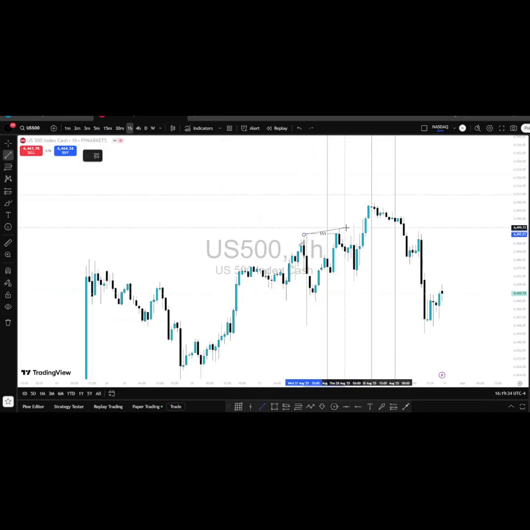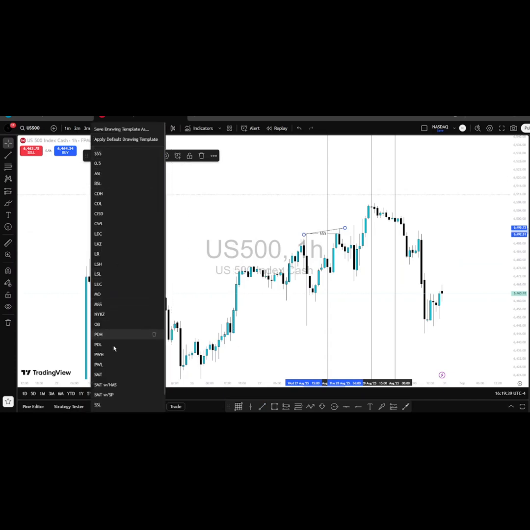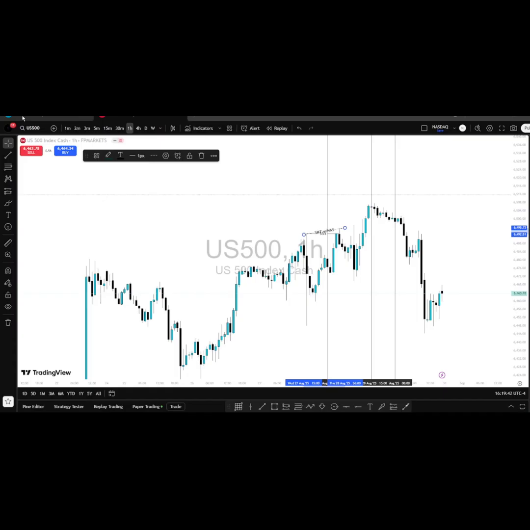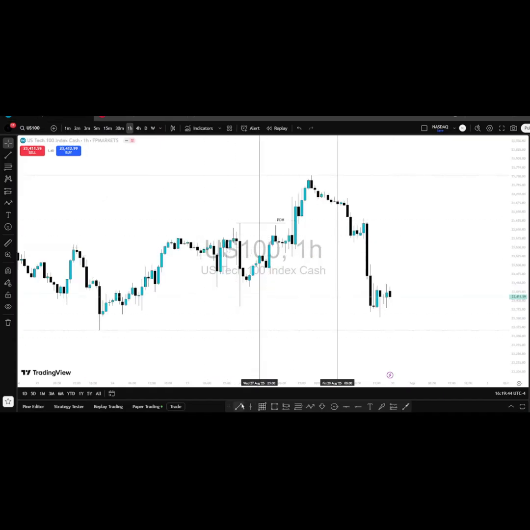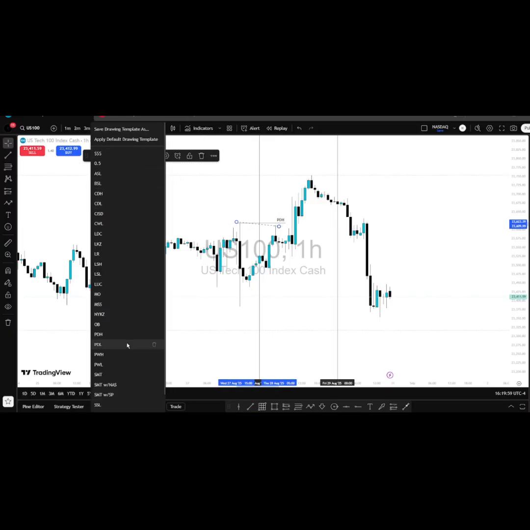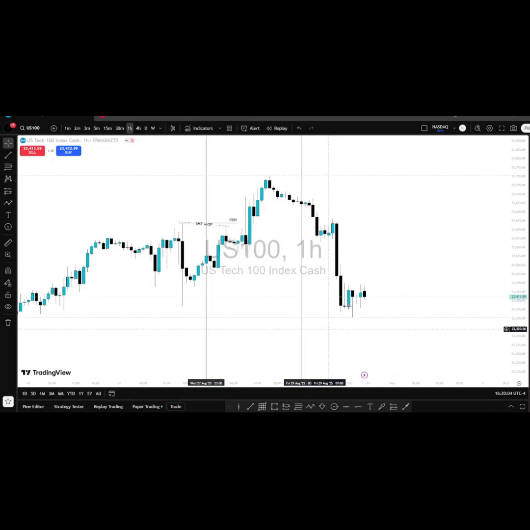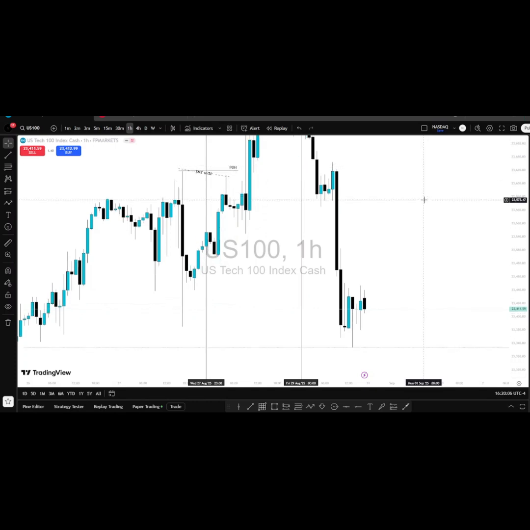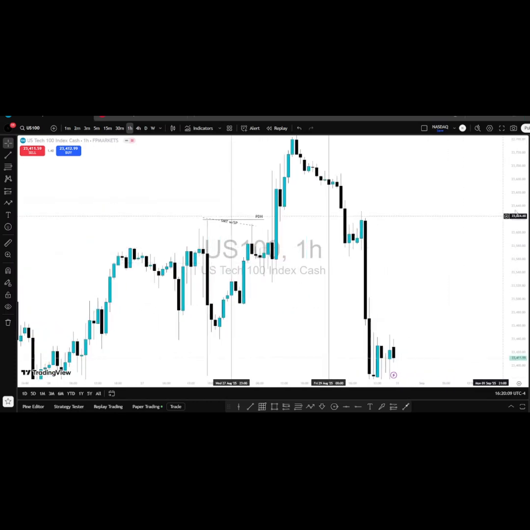So that becomes an SMT. And remember, I have that reversal idea in my head. So now I'm already starting to see signs of a reversal. Okay, that is the SMT with SP 500.